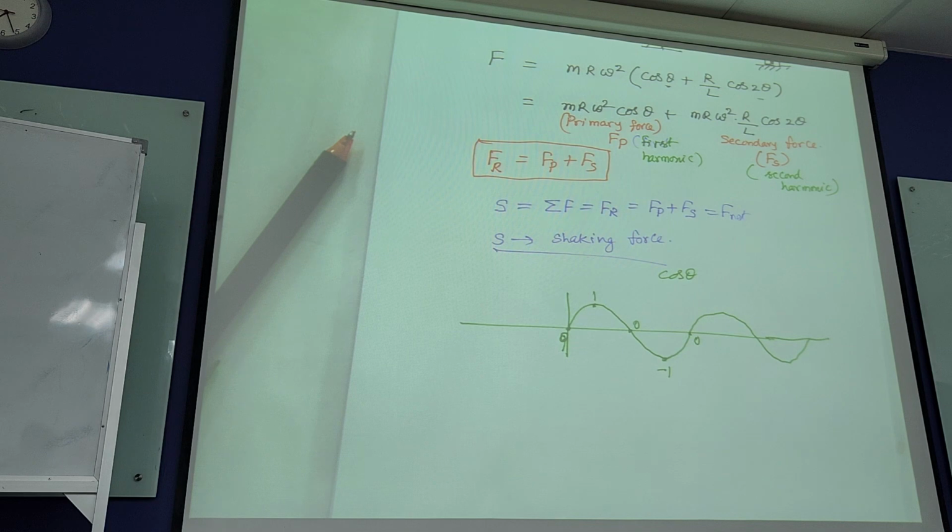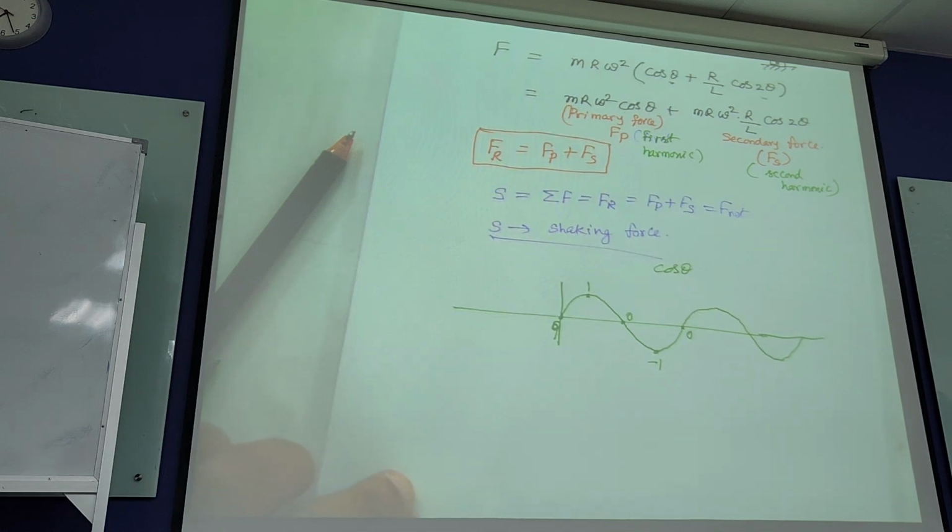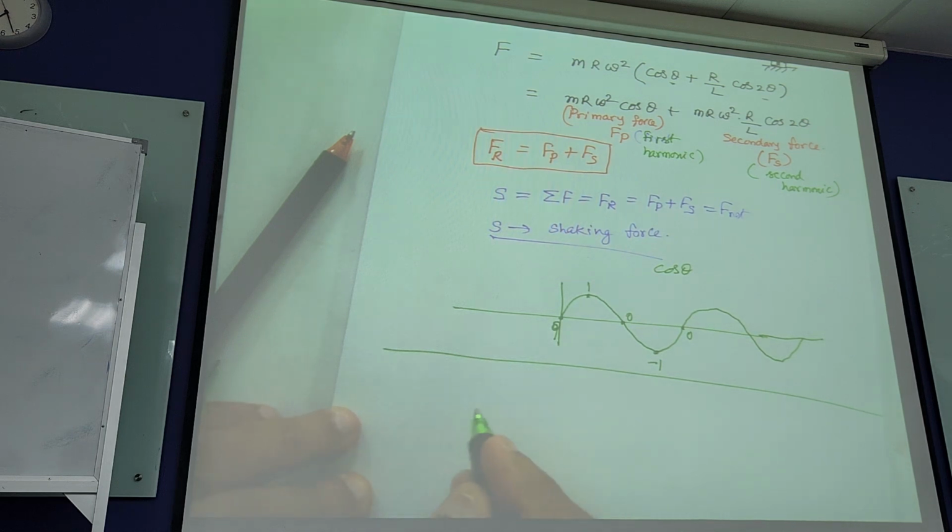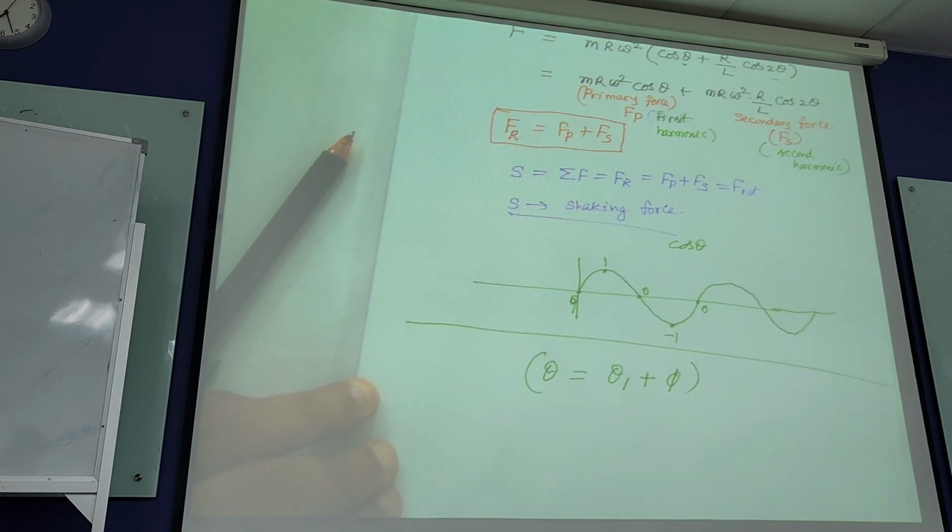Now, when you are dealing with multi-cylinder inline engines, we can write theta as theta 1 plus phi.